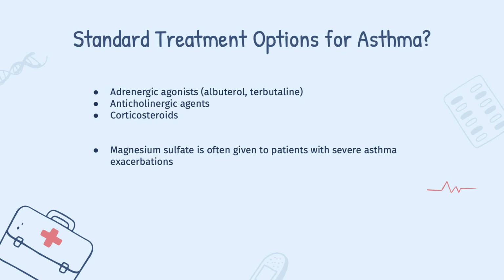Our standard treatments for asthma are adrenergic agonists, anticholinergic agents, and corticosteroids. Magnesium sulfate is often given to patients with severe asthma exacerbations. There tends to be no good benefit of magnesium in mild to moderate asthma, but it seems to benefit patients with severe airway obstruction.